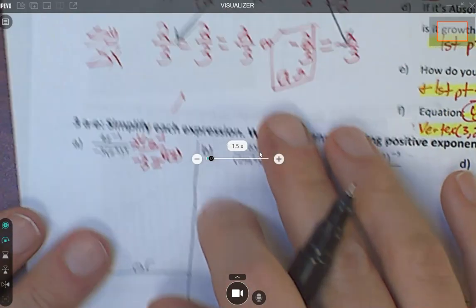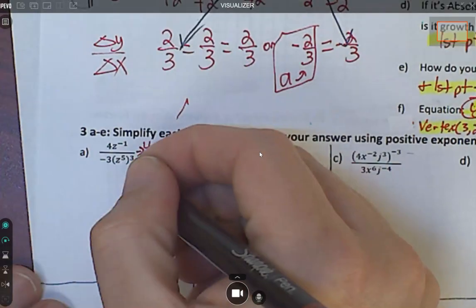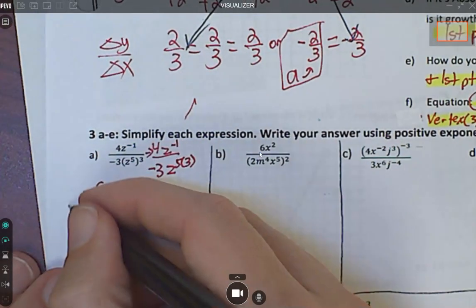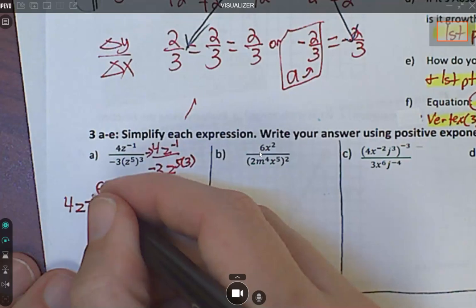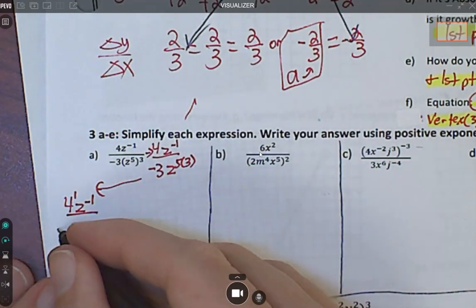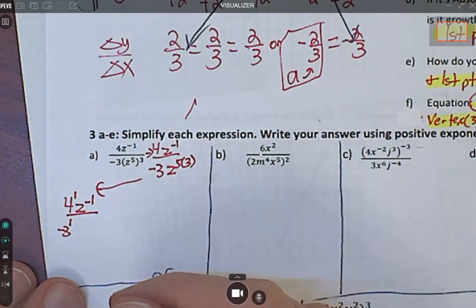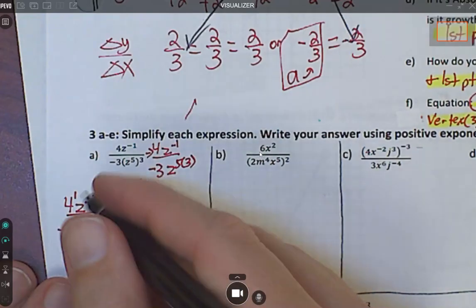Okay, for me, I do this. Let's do one more step, and I'll play a game called Stay or Go. That's 4 to the first, z to the negative 1 over negative 3 to the first. And now I got z to the 15th.